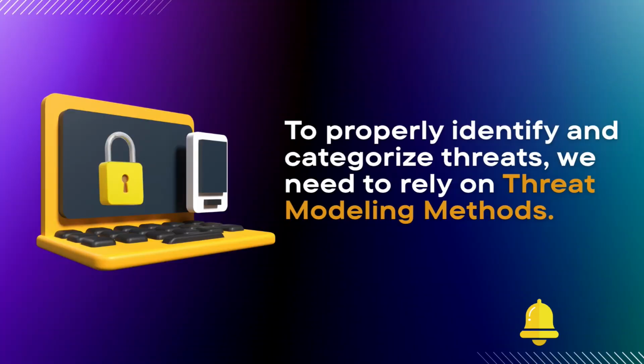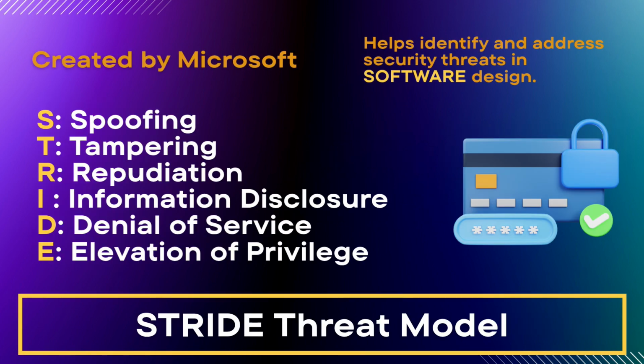Okay, so now we're moving to the main threat models. This is very important for CISSP according to my understanding. So one of the most well-known threat modeling frameworks is STRIDE. This is created by Microsoft and it's especially helpful when you're working with software or application design. Now, STRIDE is actually an acronym. Each letter stands for a different type of threat you should be watching out for.